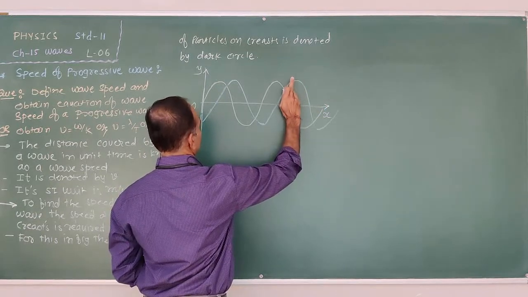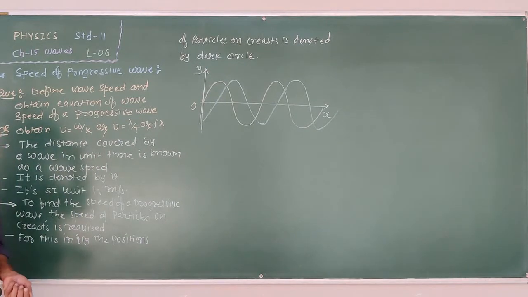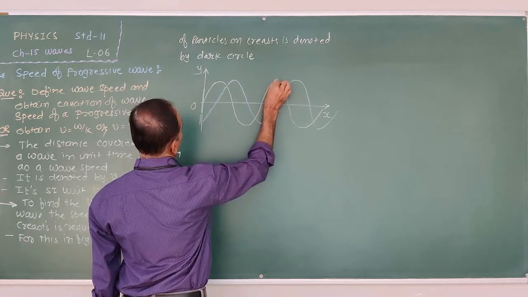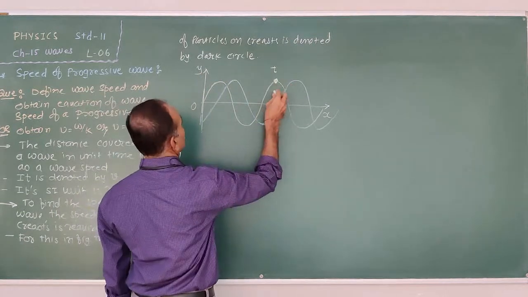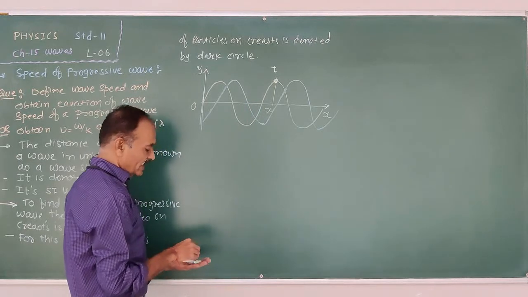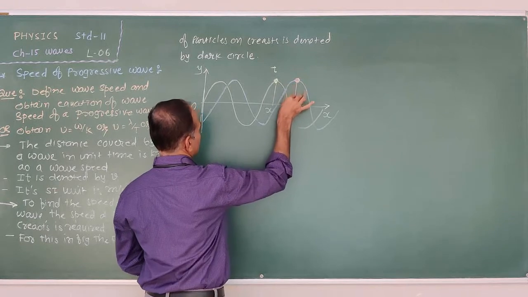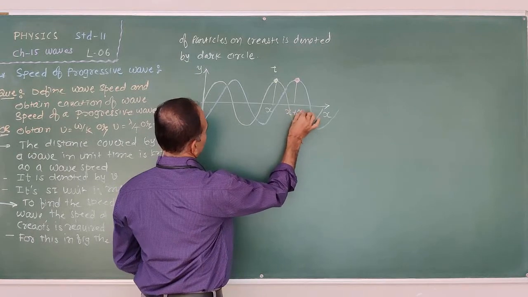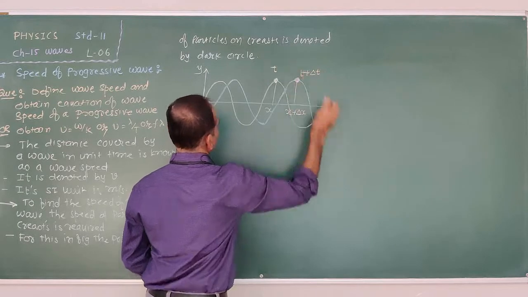Here the dark circle represents the position of a particle on a crest. At time t, the position of the particle on the crest is x. After delta t time interval, the position of the particle on the crest is at x plus delta x, and the time is t plus delta t.